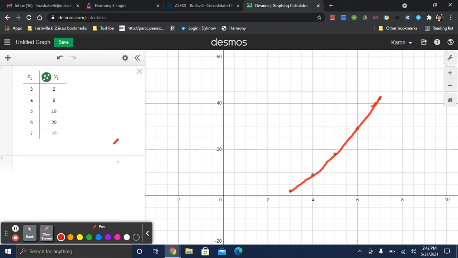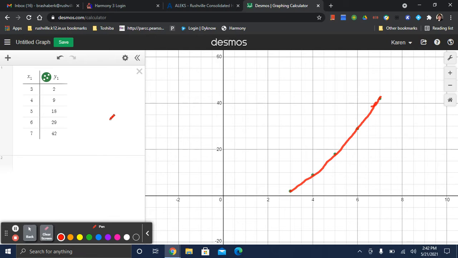And the other thing would be that if it was a line, these would be going up by consistently the same thing. So this is going up by 7. So this should go up by 7, and it does not. So what we might have is a different type of graph.